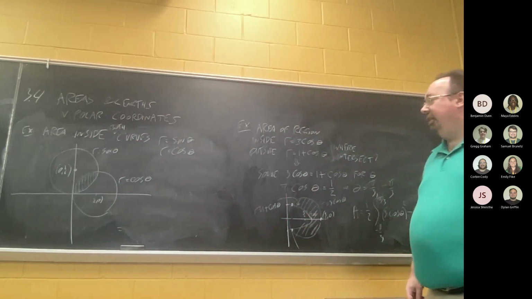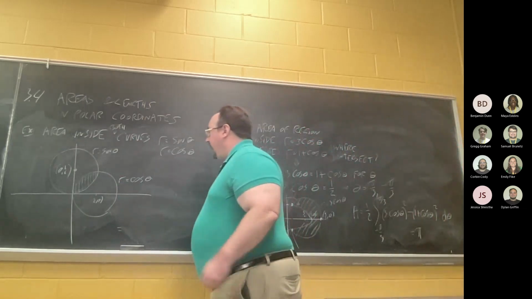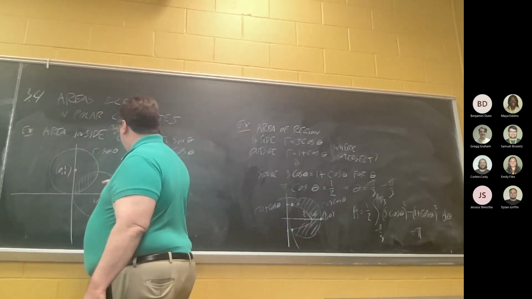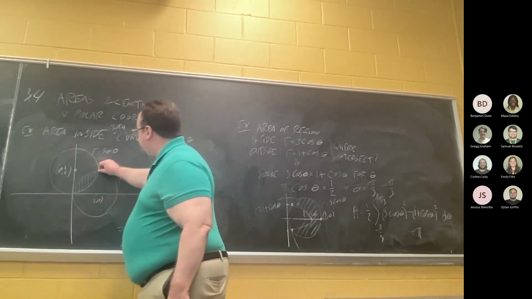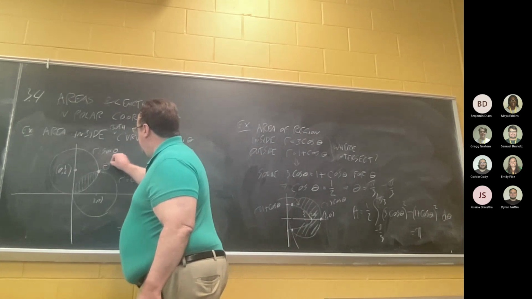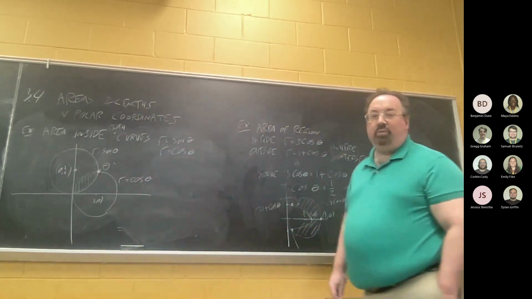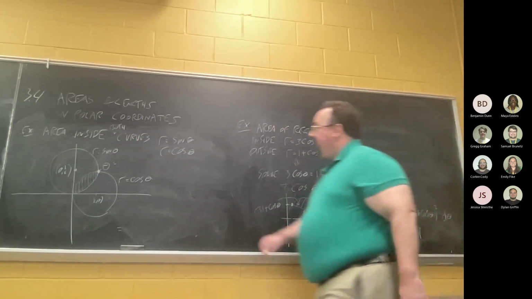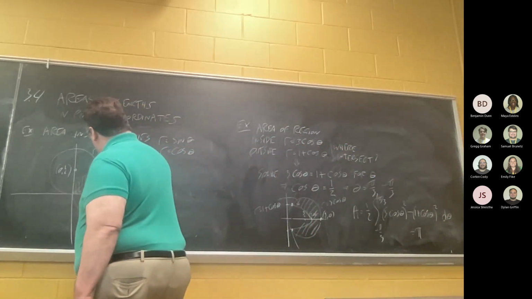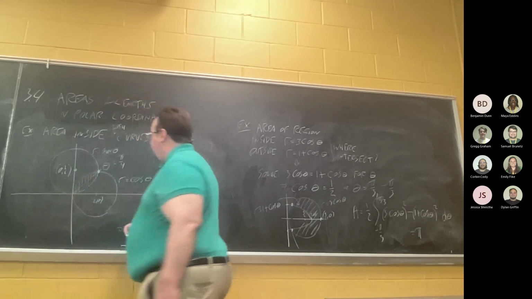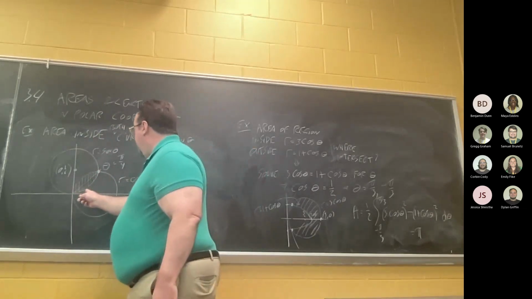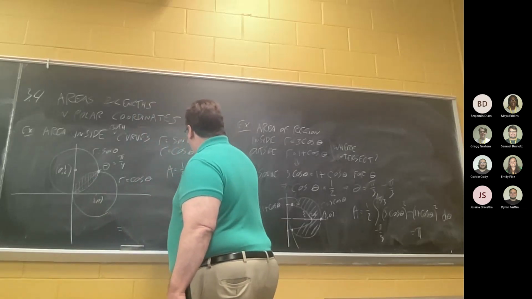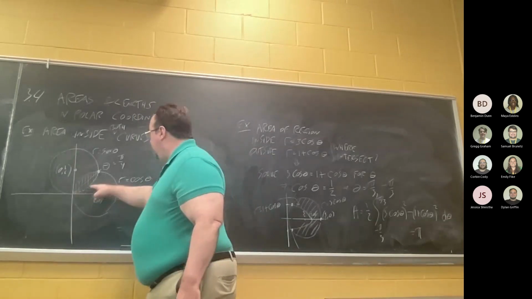So that's a little trickier from an integral setup point of view. Really what you're going to do is look at where they intersect. This intersection point happens at what angle? Where sine and cosine are equal to one another? Yes. So at that ray, to get the area of the whole shaded region from 0 to pi/4, we're going to use sine.